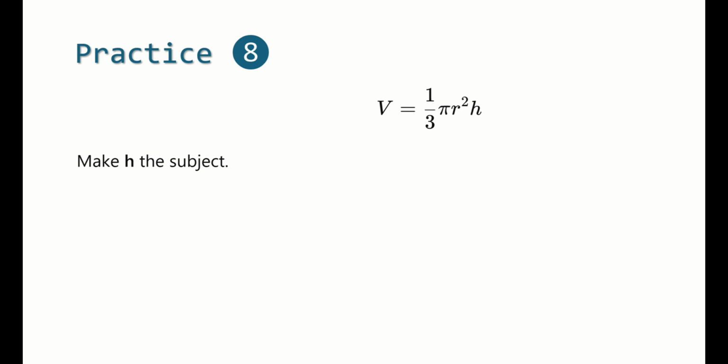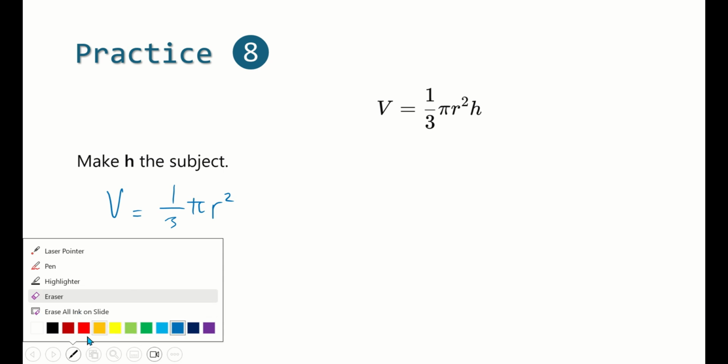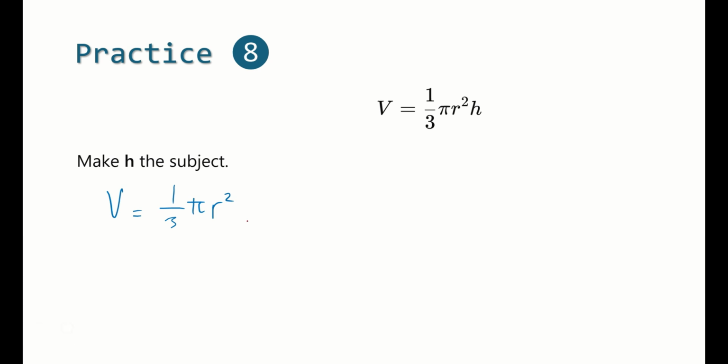Now the next level is this one. V equals to 1/3 pi r squared h. How to make h as the subject? V equals to 1/3 pi r squared h. So how to let this h alone? Actually, this one is not that hard, but let me highlight. This is the one that we need to let alone.